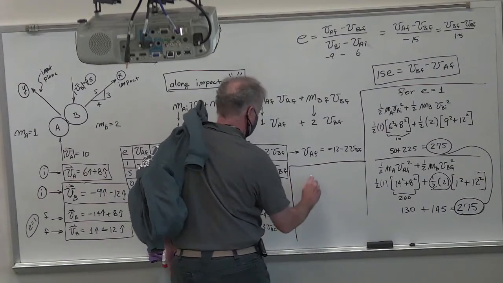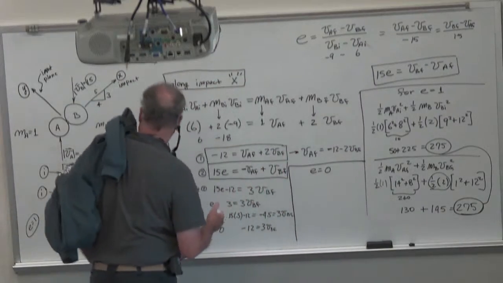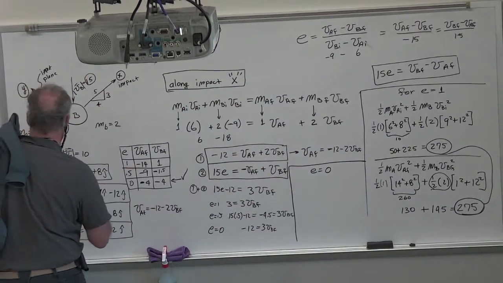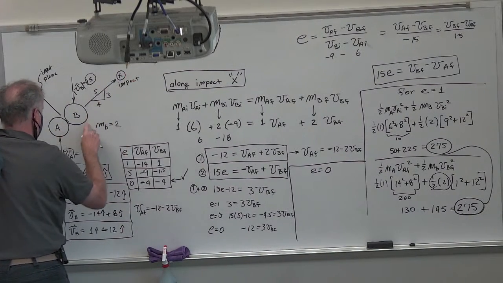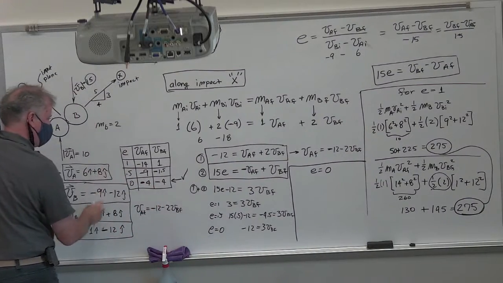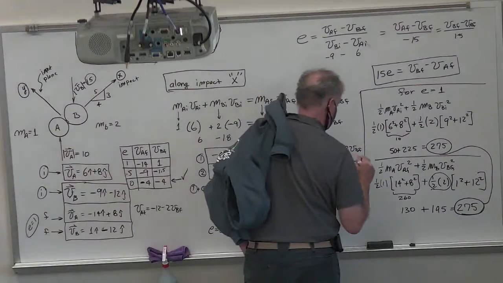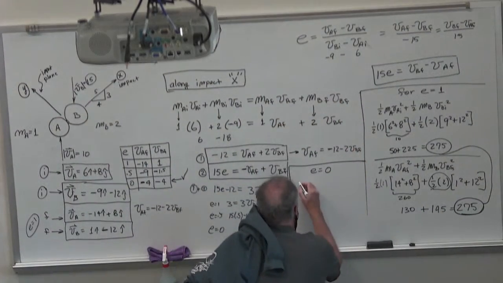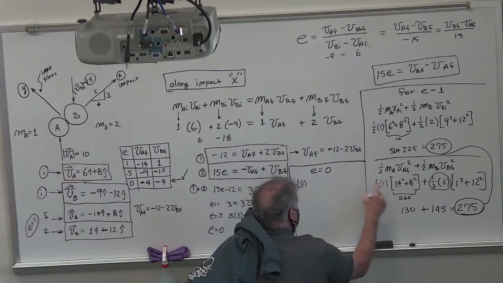Now, let's take the worst case scenario. E is equal to 0. That's the case in which the final velocity in the x direction of both of these are the same. I'm going to look at the energy state there to find out how much energy was lost in the worst case scenario. 1/2 the mass of A is still 1.